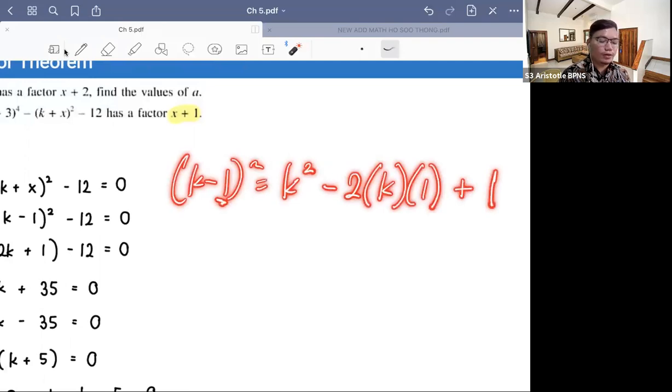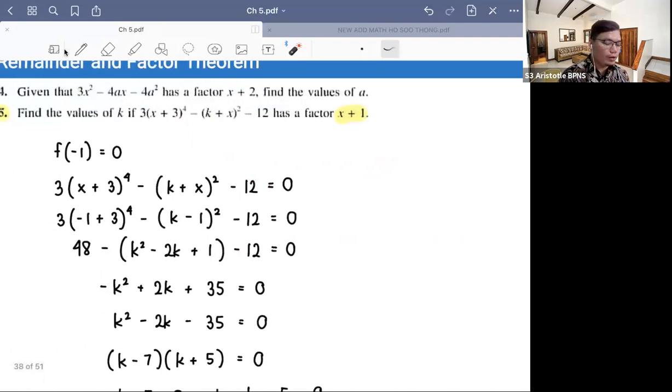So your answer here is k squared minus 2k plus 1. All right, so that's how you get the answer here. So k squared minus 2k plus 1, and then minus 12 equals 0.